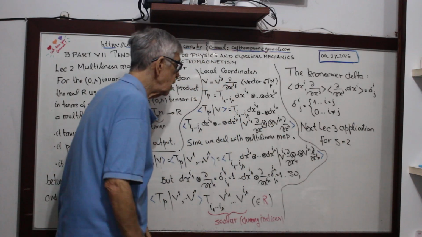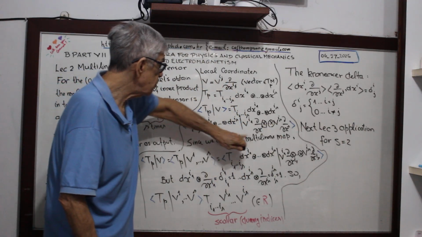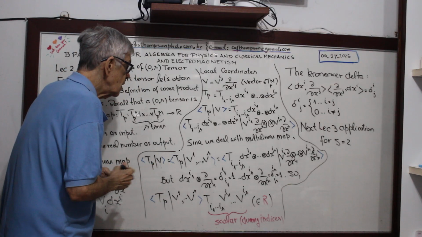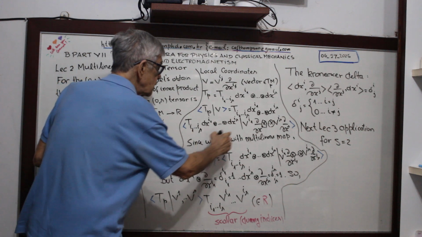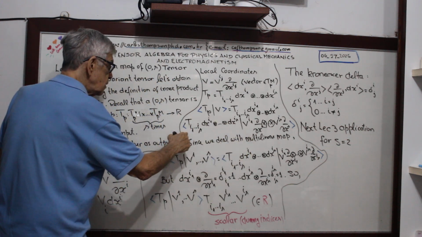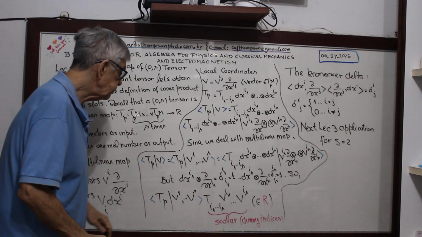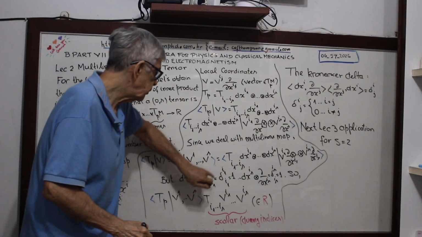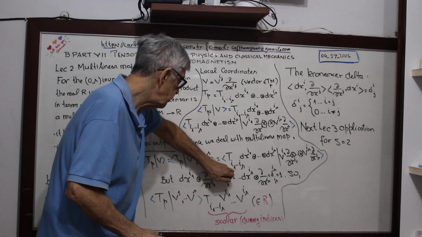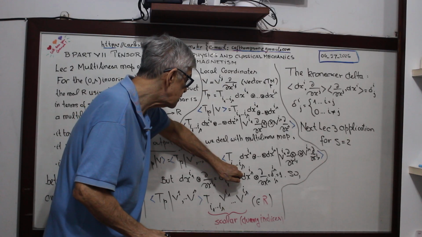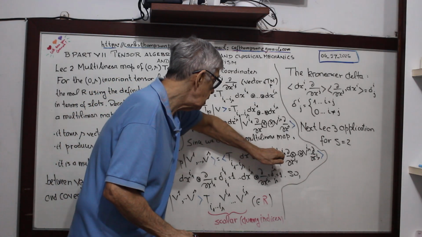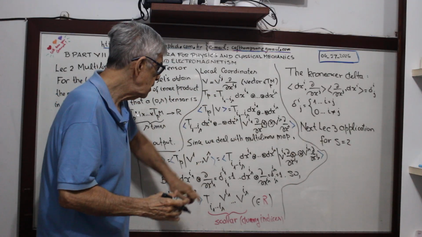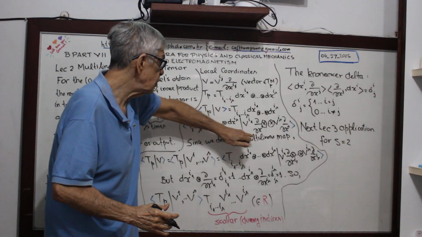So this is a tensor product. Now, since we deal with a multilinear map, I can set this T here and this V here outside the inner product. So then I can write clearly T_{i1...is} and v^{i1}...v^{is}, which I can express outside the inner product, since it is a multilinear map.